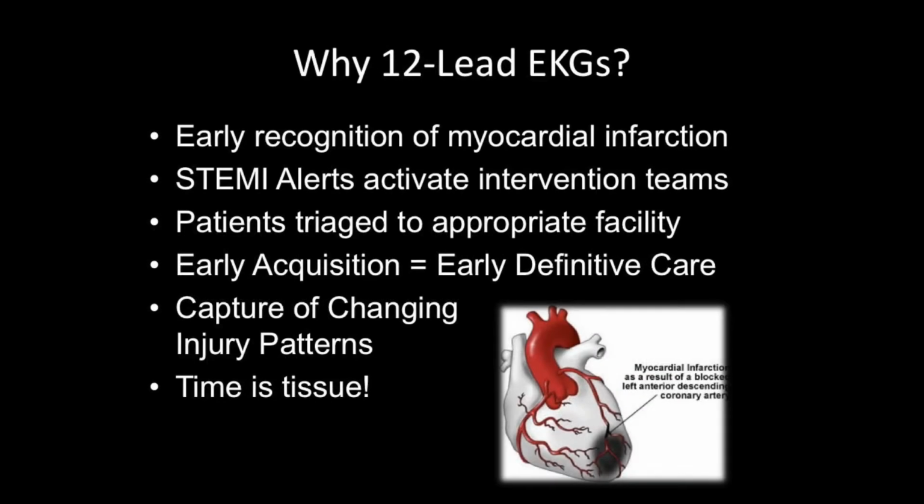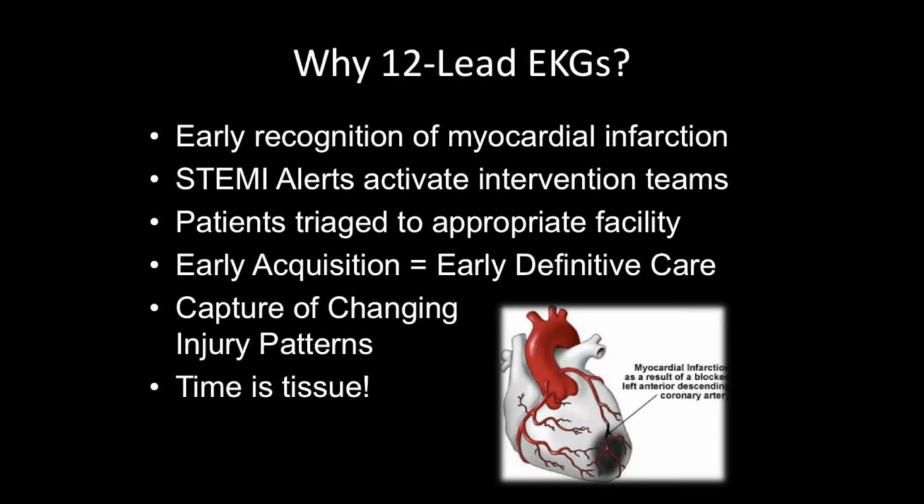Okay, so why are we doing a 12-lead EKG? We're doing a 12-lead EKG because we're trying to figure out, does the patient have a STEMI, an ST elevation myocardial infarction? There are other types of myocardial infarction, but that is generally what we're after, the ST elevation. And the reason we're doing this is because we want to triage them.